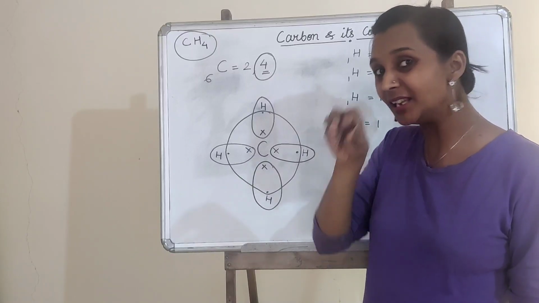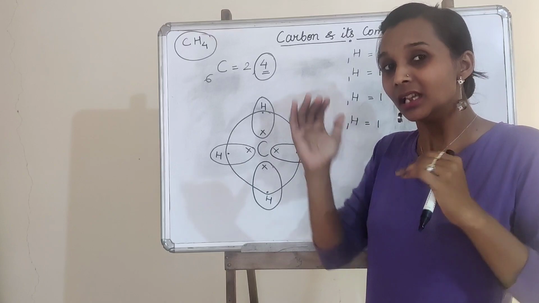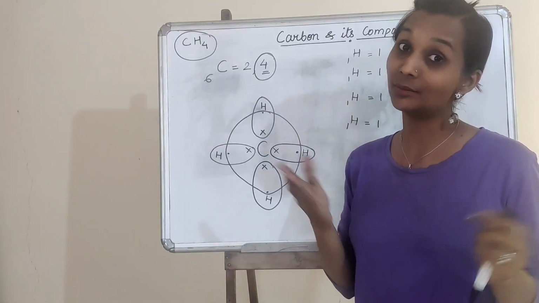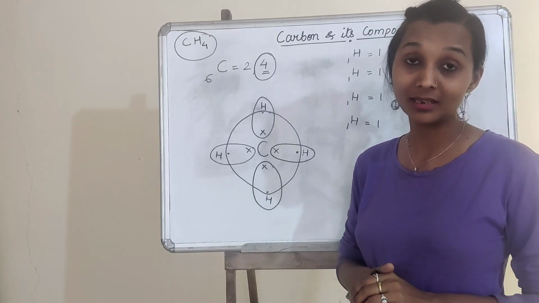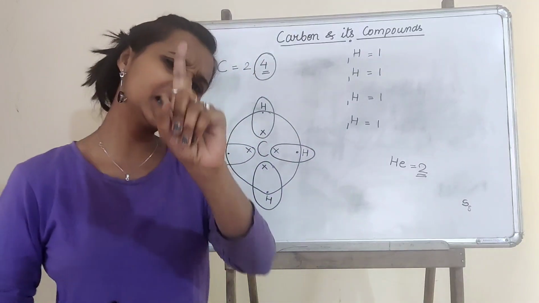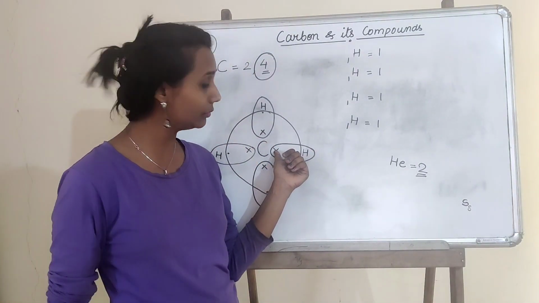Carbon had already 4 electrons. Hydrogen has shared equally their 4 electrons. So in this way, carbon has completed its octet. Whereas hydrogen has 1 electron, it requires only 1 more electron to complete its duplet. That is the duplet rule.